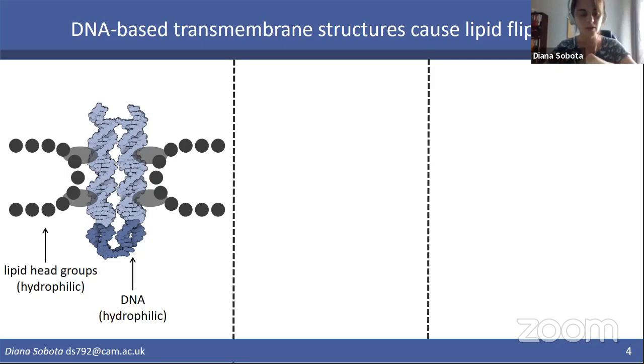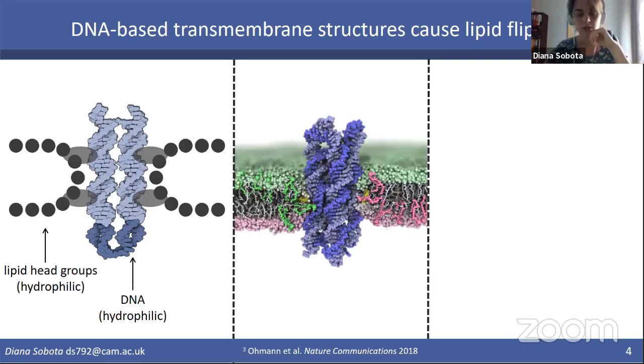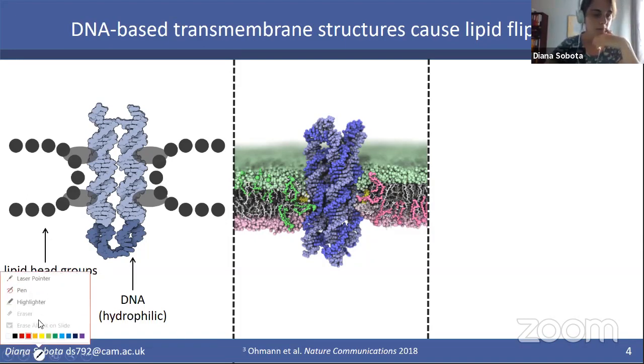Now my friend was really fascinated by this, and together with the Aleksei Aksimentiev group from the University of Illinois, they actually designed a structure very similar to this, put this in a membrane, and Aleksei simulated the results. And they learned that indeed the toroidal pore will form.